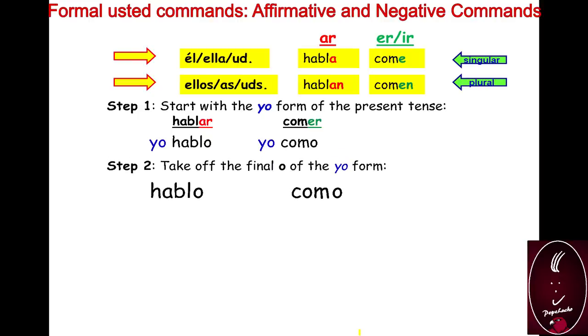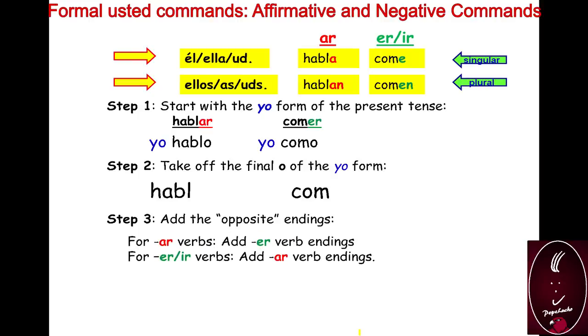Second step, take off the final O of the yo form. Third step, add the opposite endings. For the AR verbs, we're going to add the ER verb endings. For the ER and IR verbs, we're going to add the AR verb endings.